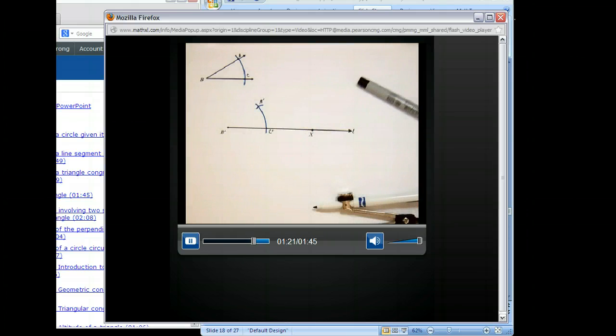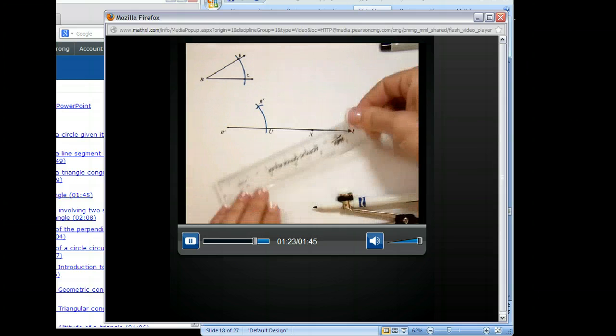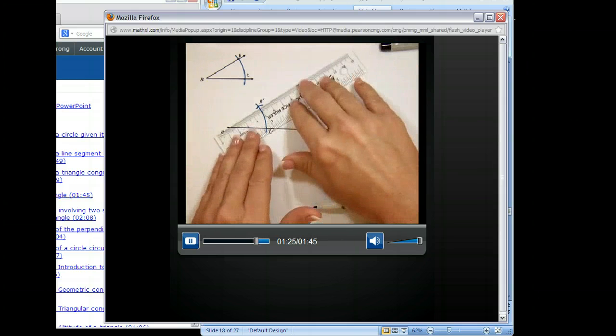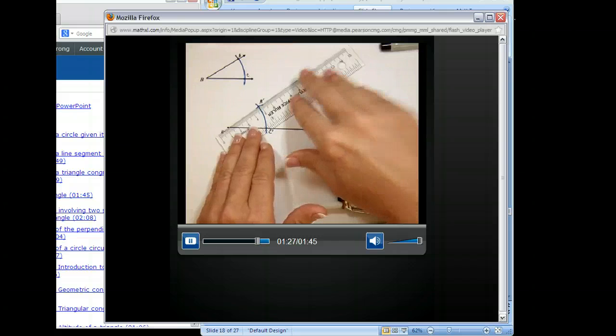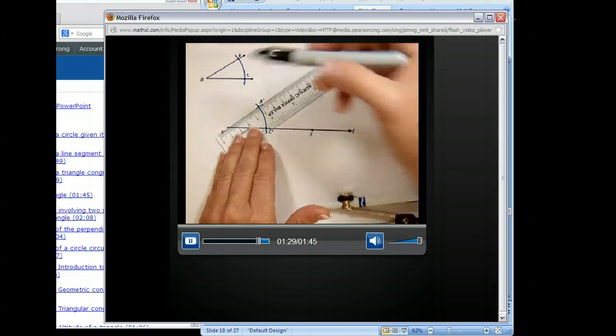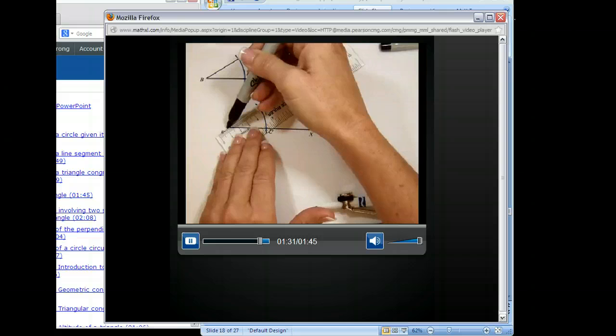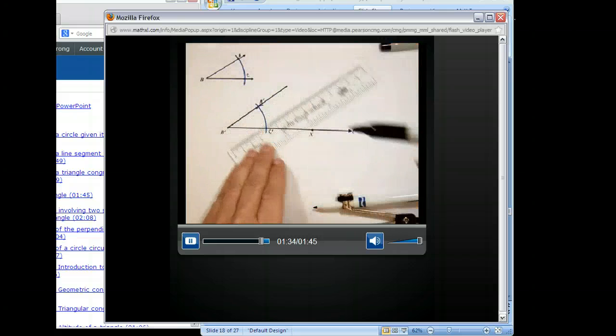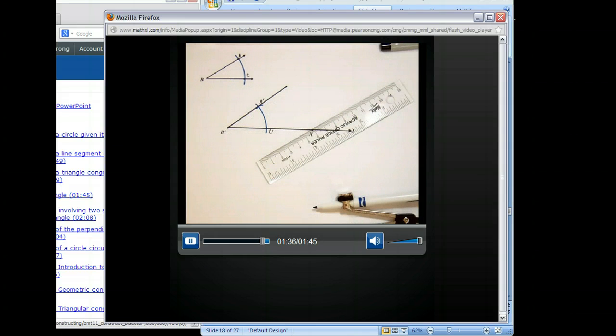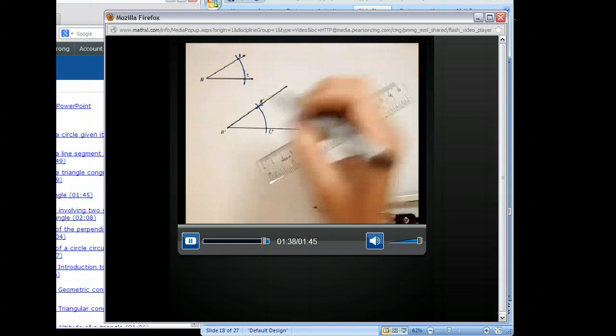As a final step, we'll take our straight edge and draw line segment B prime A prime going through point A. This gives us angle B congruent to angle B prime.